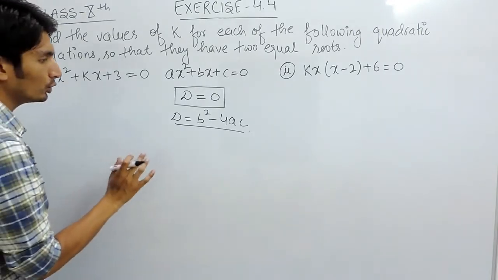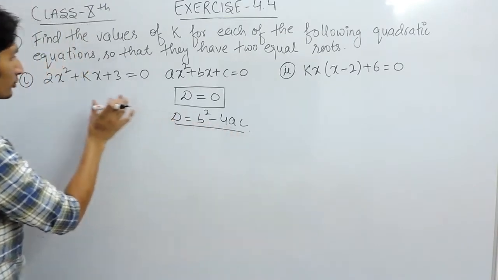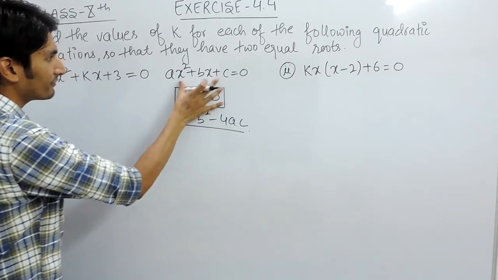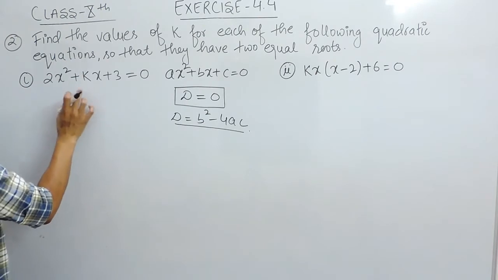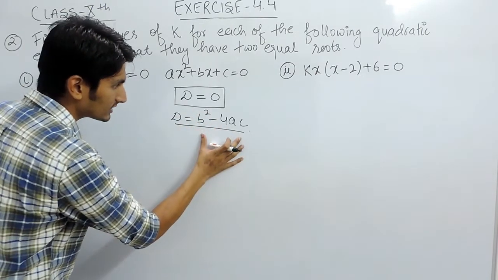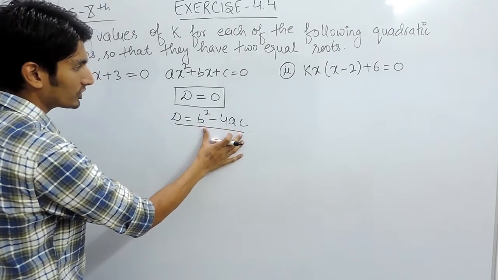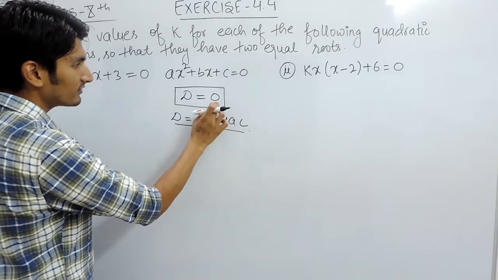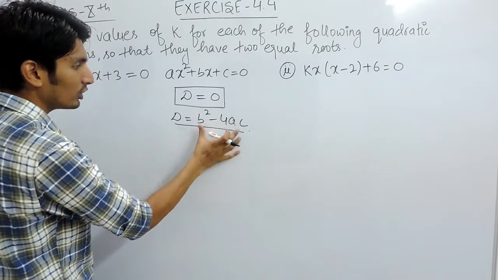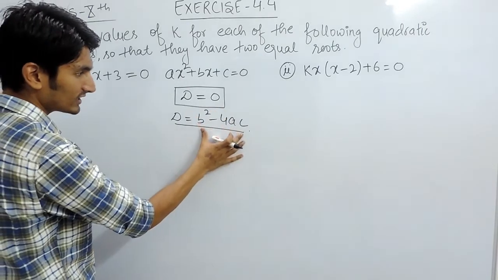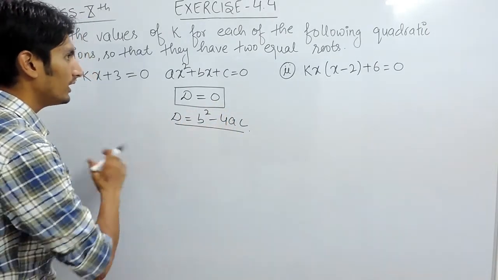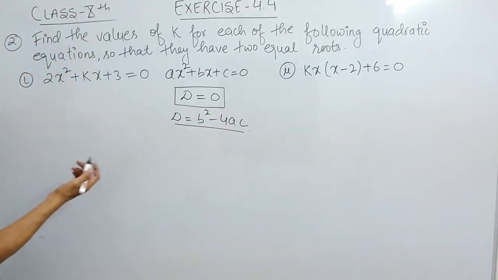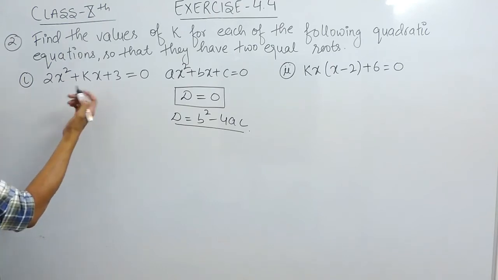So simply what we have to do is first compare this with the standard form, find the values of a, b, c, substitute them into this expression and equate it with 0. When the value of this expression equals 0, the value of k can be easily found.